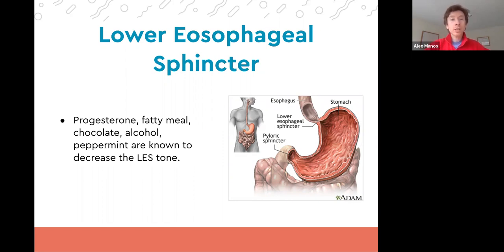And we know that progesterone, which is a sex hormone, fatty meals, chocolate, alcohol, and peppermint seem to, in many people, decrease the tone of this sphincter. And that is why a lot of people notice that peppermint, alcohol, chocolate, fatty meals are essentially triggers for their symptoms.